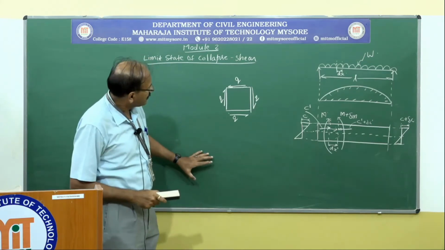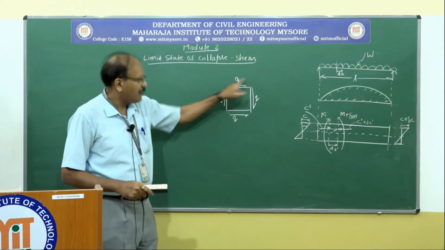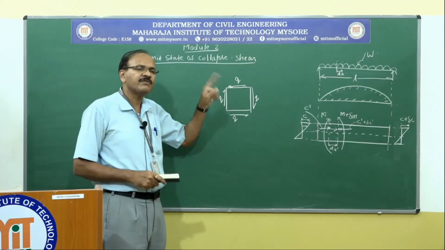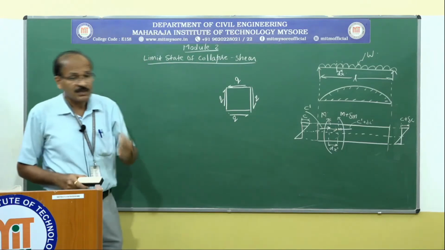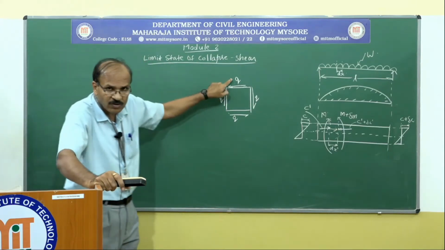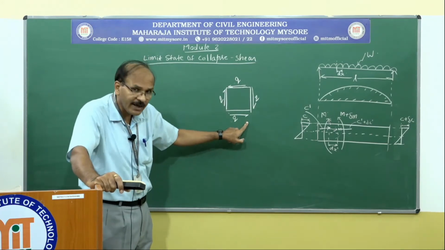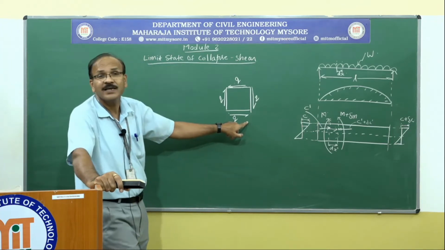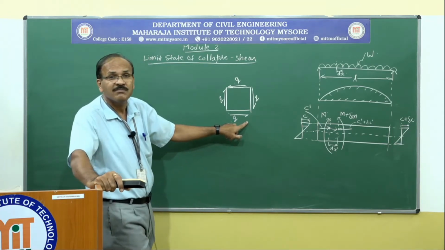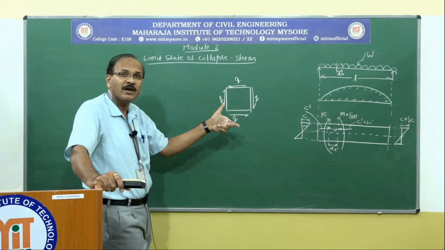Is it clear to you? So if I take this element, if I apply some force, and if that force, if you convert that stress, that is going to be Q. So there is going to be Q in the opposite direction to maintain translatory equilibrium, but this will try to rotate the body.